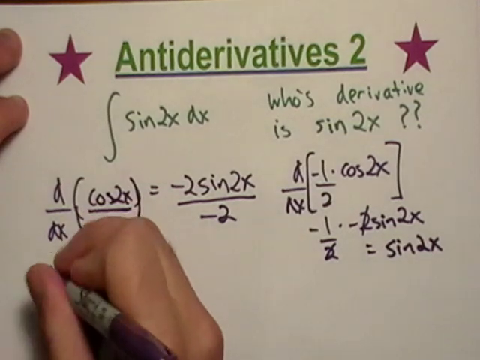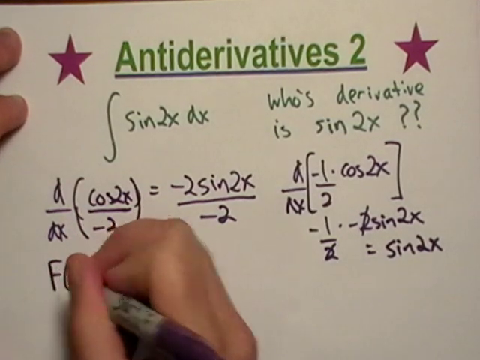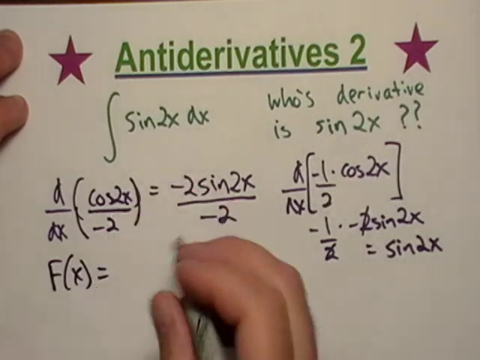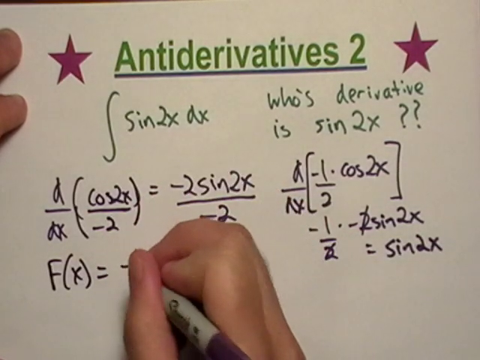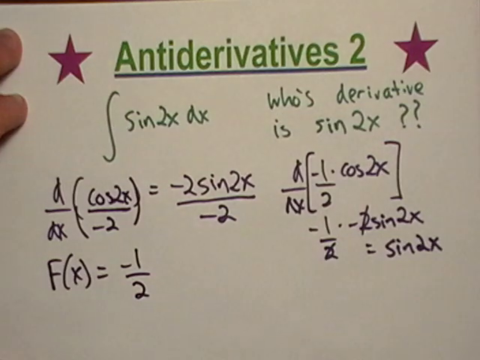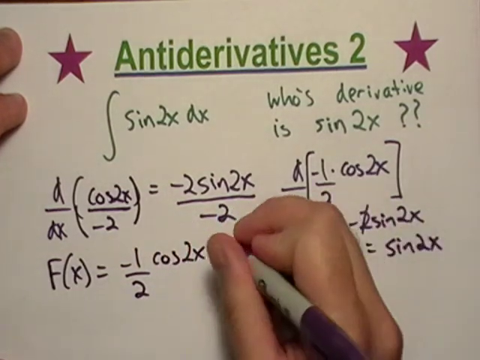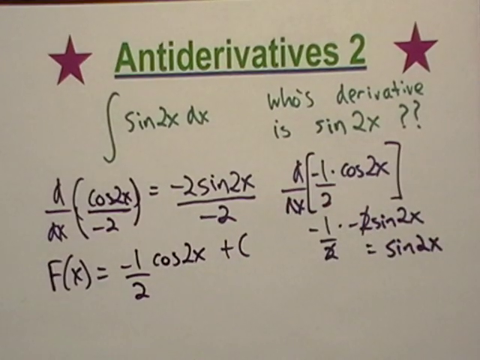So I can say that the antiderivative of this function right here is negative 1/2 cosine 2x, of course, plus c.